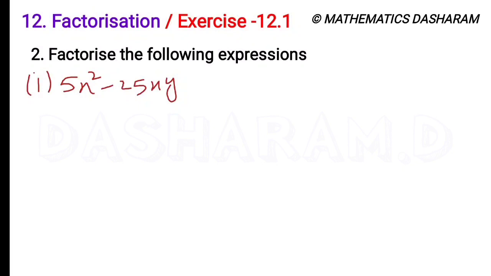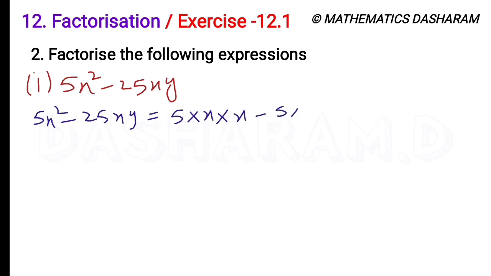Second bit: factorize the following expressions. First question, 5x square minus 25xy. So 5x square minus 25xy equals 5 into x into x minus 5 into 5 into x into y. Here 1 5 common, next 1 x common, so overall 5 into x common.